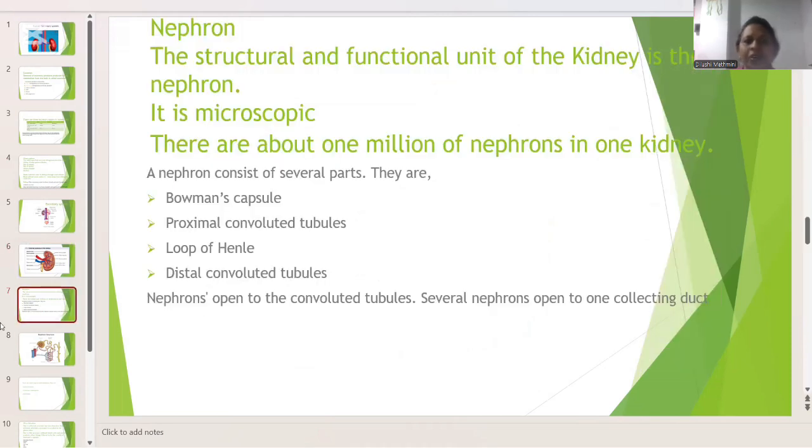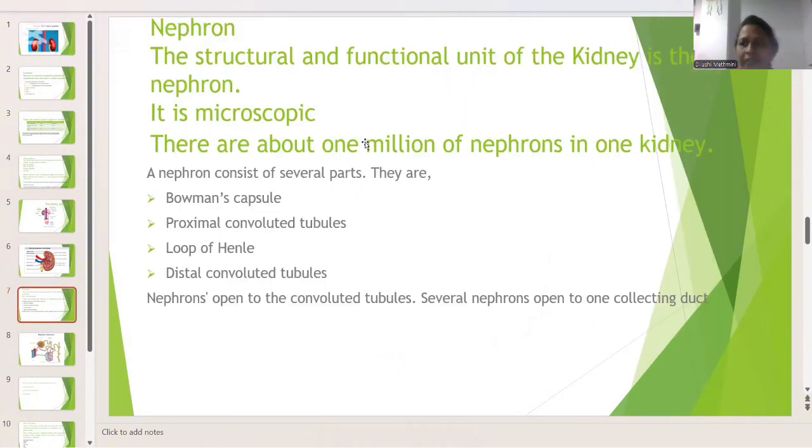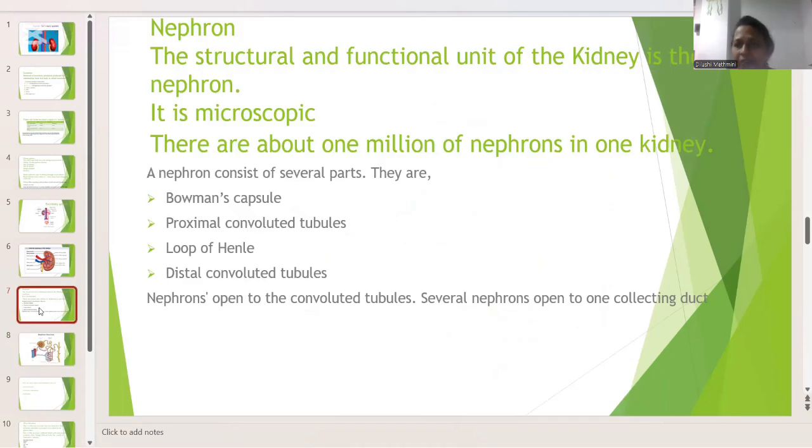Then we are going to talk about the structural and functional unit of the kidney. It is known as the nephron. Here is the structure of the nephron. It is microscopic. There are about 1 million nephrons in one kidney.